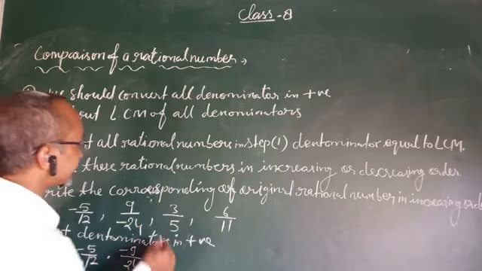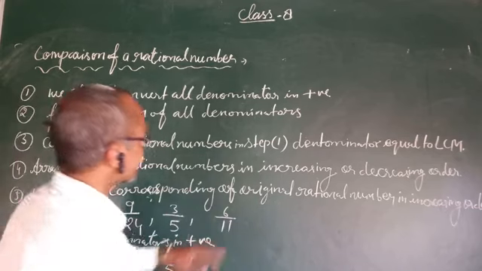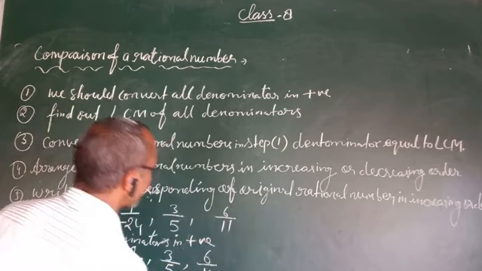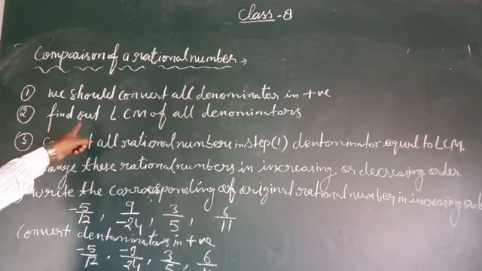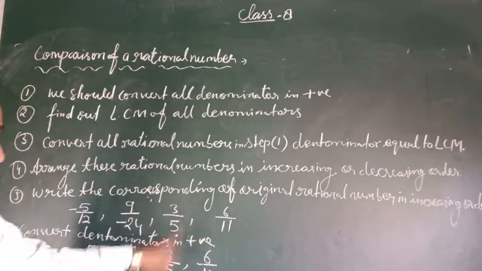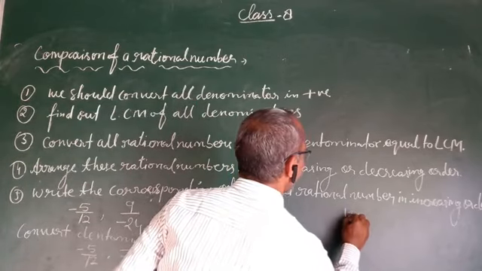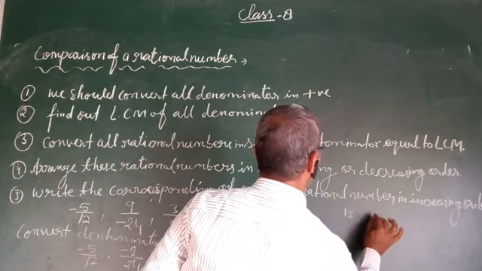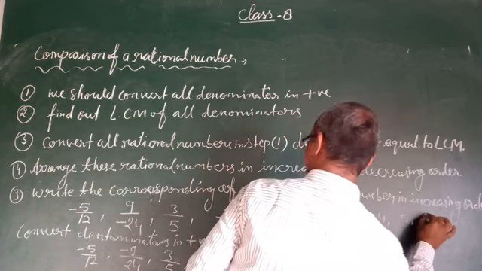Here the denominator is already positive, 3 upon 5. Here 6 upon 11. Okay. So you have to see here there are 5 denominators. What is the second step? Second step, you will find the LCM of all the denominators. So the LCM of 12, 24, 5 and 11.